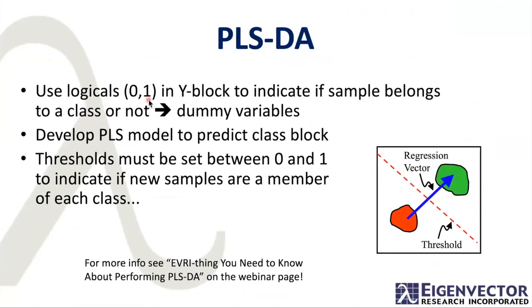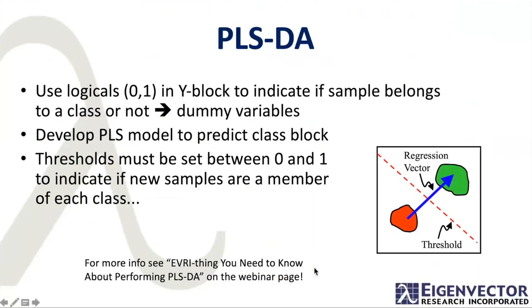In some cases, people use a -1 and a +1 for the classes. And then we just develop our typical partial least squares model. And we can do that here in just a second. And we'll develop a threshold between 0 and 1 to say which class you belong to. And there's also everything you need to know about performing PLSDA plus an addendum to that.